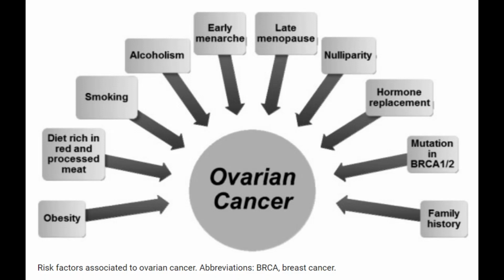These genes also increase the risk of breast cancer. Several other gene changes are known to increase the risk of ovarian cancer, including gene changes associated with Lynch syndrome and the genes BRIP1, RAD51C and RAD51D. The other risk factor is family history of ovarian cancer. If you have blood relatives who have been diagnosed with ovarian cancer, you may have an increased risk of the disease.